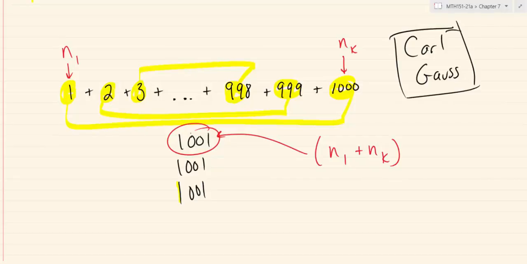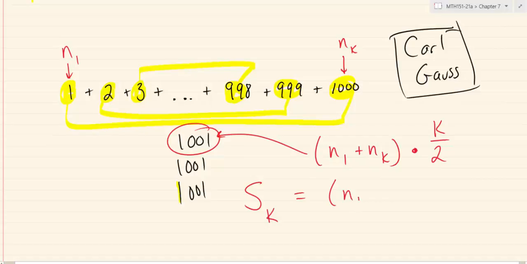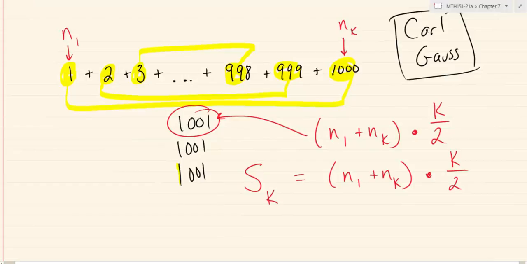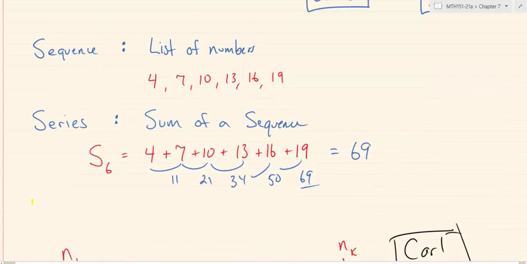But if you're doing k terms, you would multiply by k divided by 2. So to find the sum of k terms, you take the first term and add it to the last term, and then multiply that by how many pairs there are, which is k divided by 2.